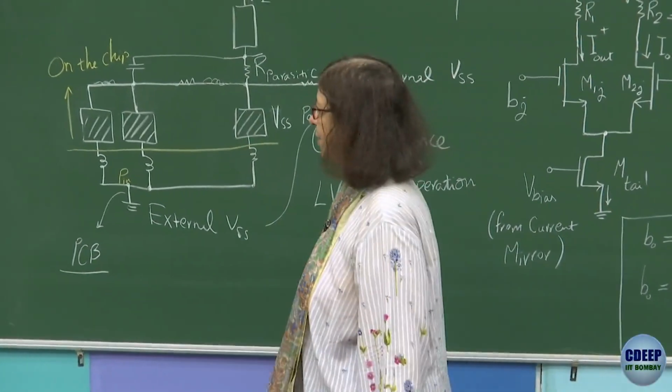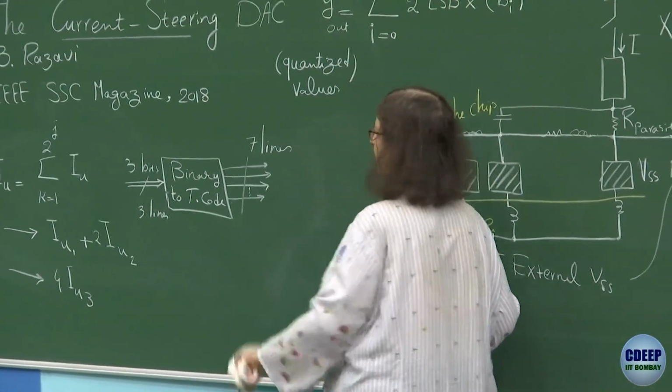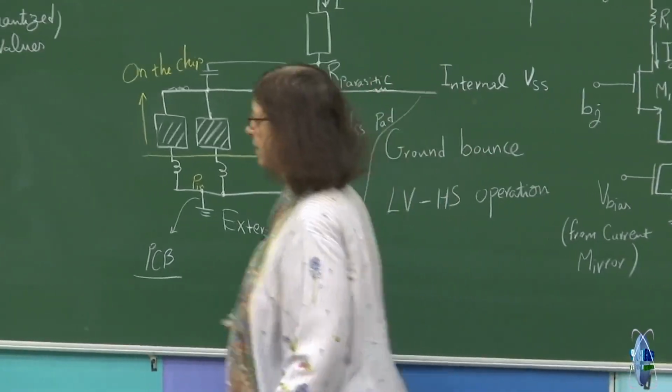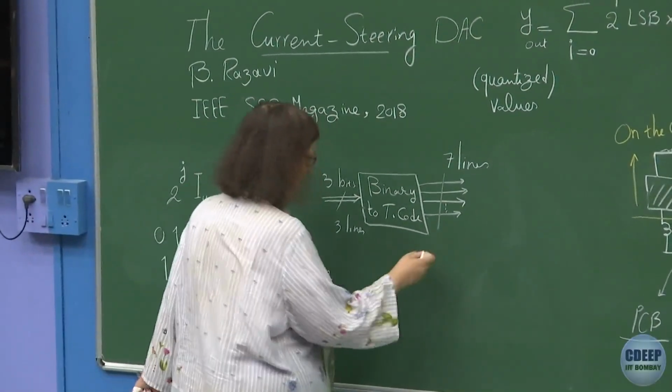That means now you have many lines, which looks like a drawback, but the switching which is happening is not this way. Say for 3 bits, now you have thermometer code.